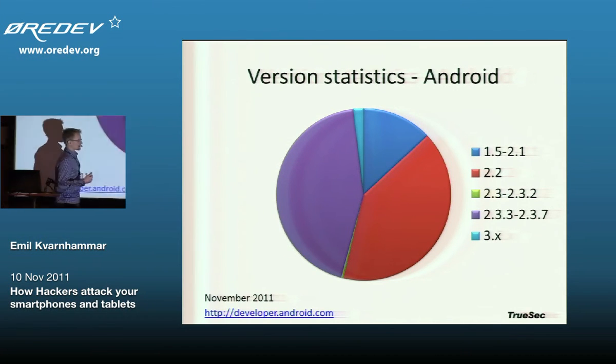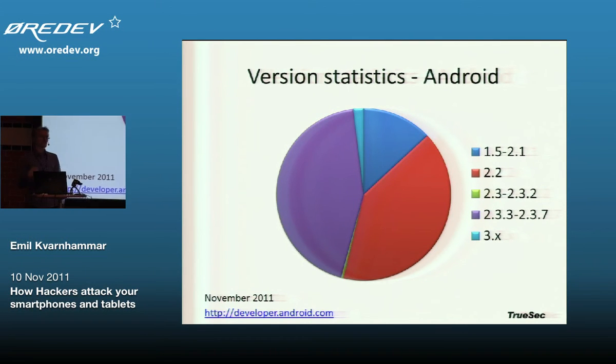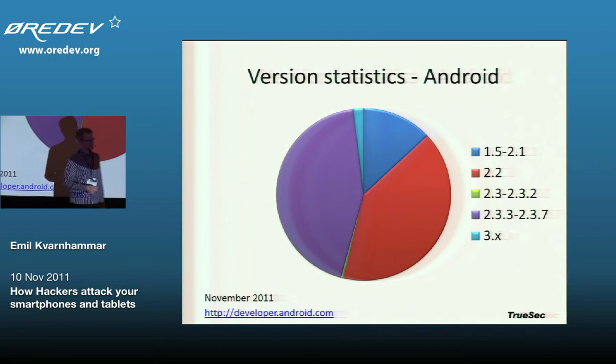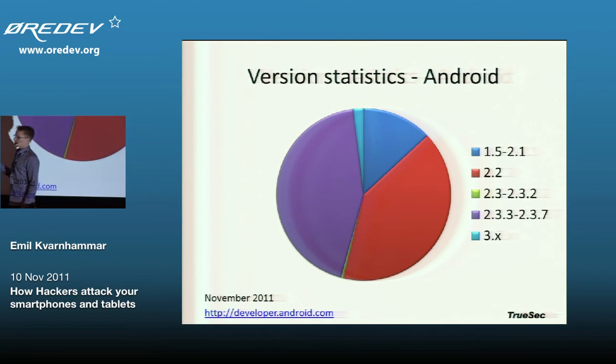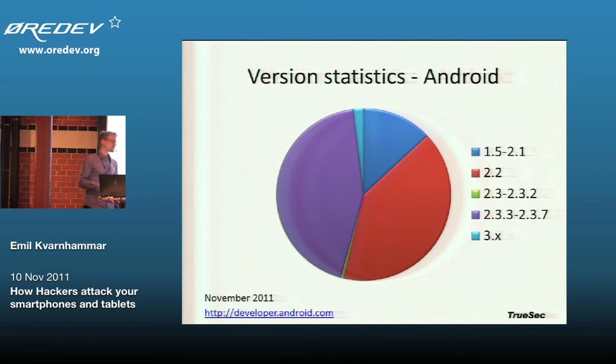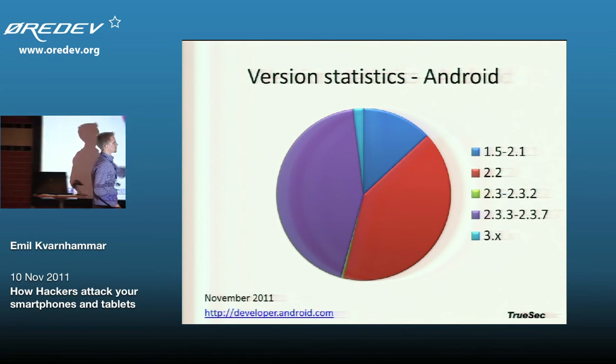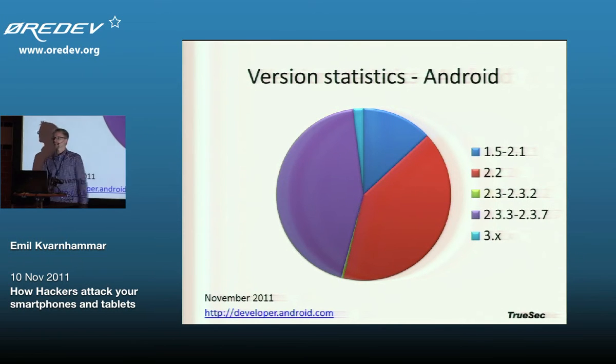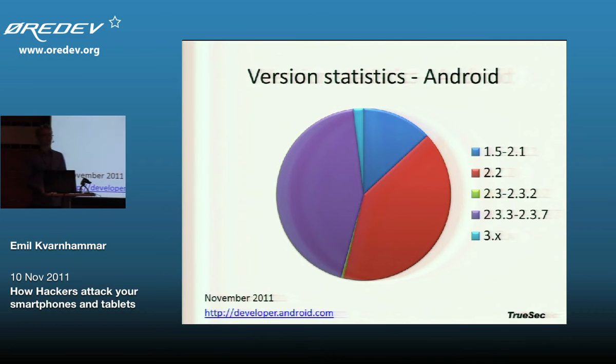Google publishes statistics about platform versions, and that's really interesting. That's done on about a 2 weeks basis. So looking at the attack that I just demoed today, 2.3.3 and earlier is vulnerable. So that means the red part, and I can tell a big part of the purple section.